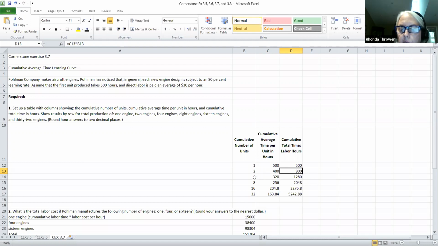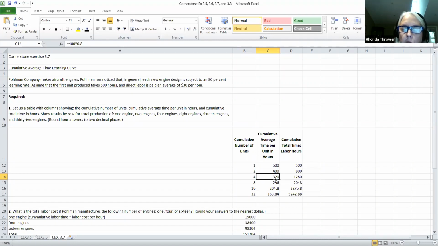Now notice the next time they doubled the 2 units that they were producing, and they were producing 4 units. Now what's happening is if they could produce 2 units at 400 hours, then they could produce 4 units at 320 hours. So what I did is I took 400 from previously times 80%, and that tells me the cumulative average time per unit in hours.